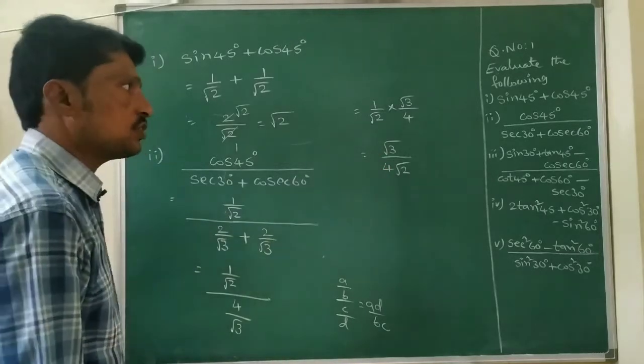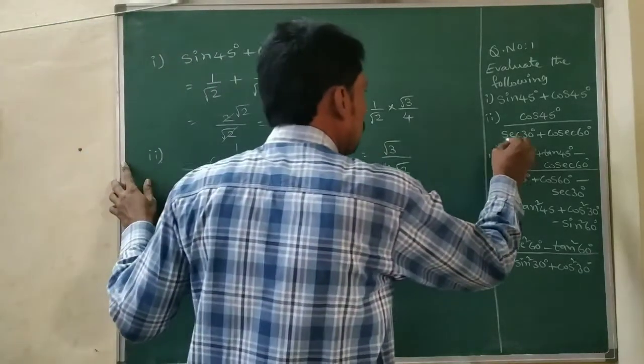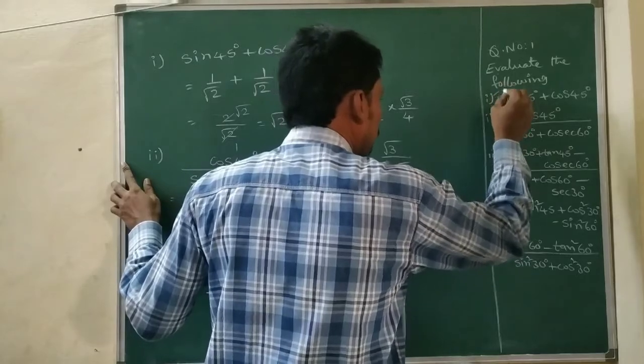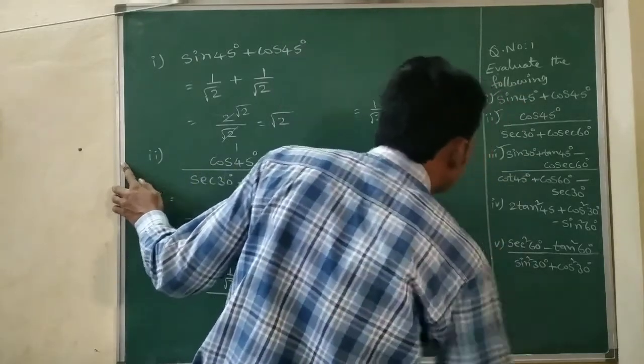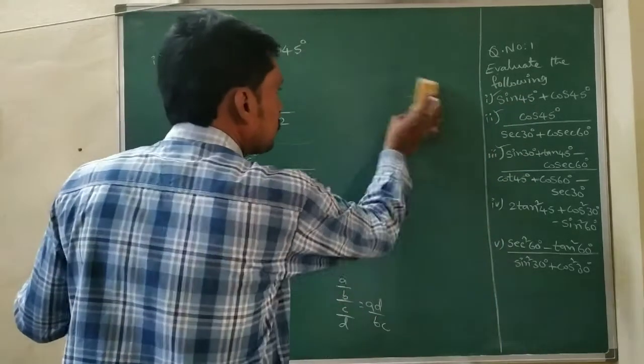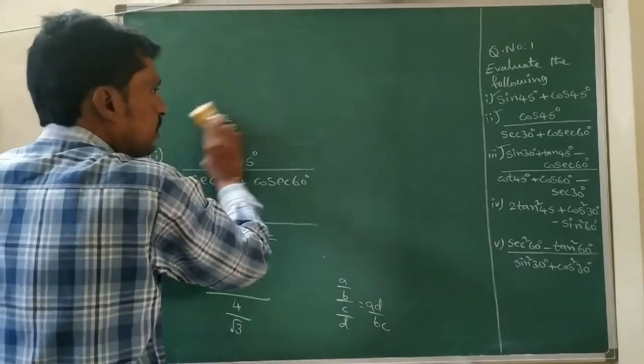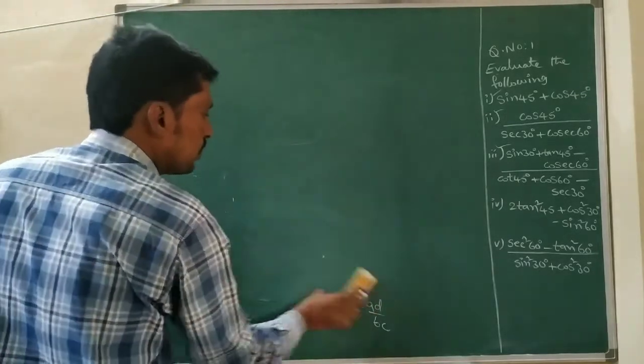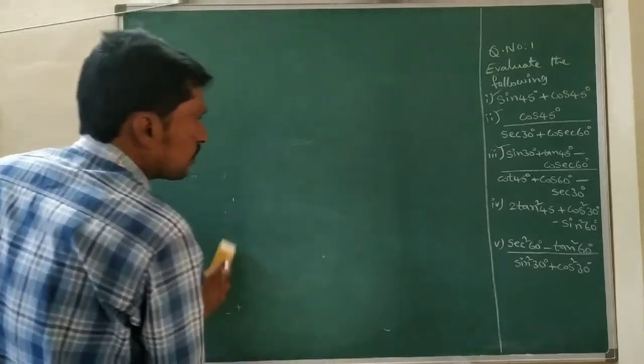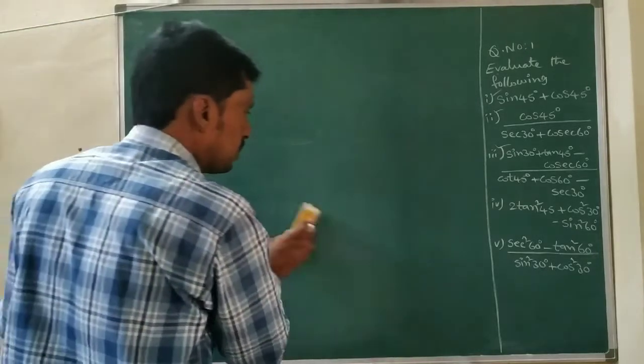Next one, it is the third question. So first one is completed, second one also completed. Now third problem, sin 30 plus tan 45 minus cosec 60 whole by cot 45 plus cos 60 minus sec 30.